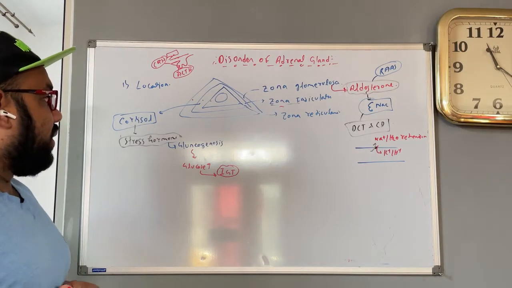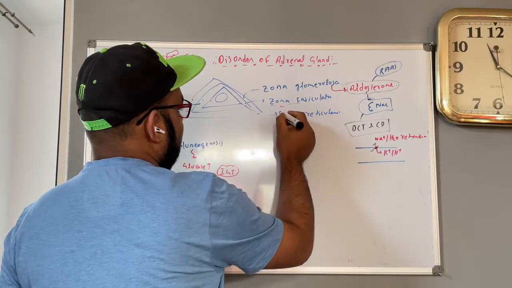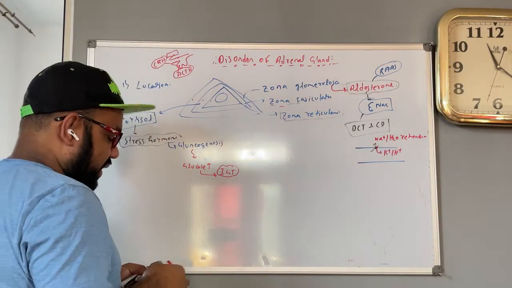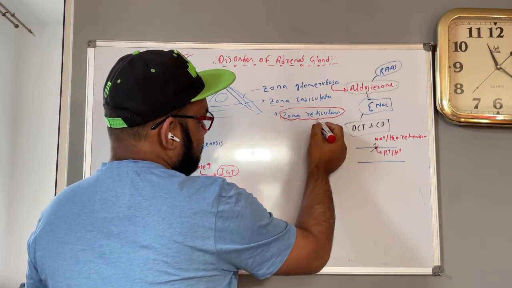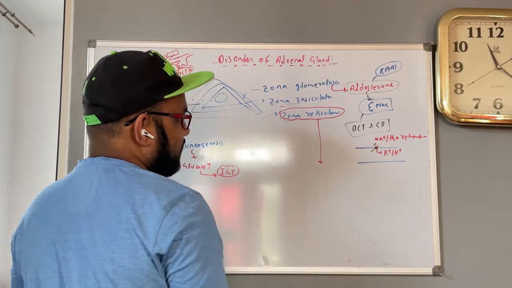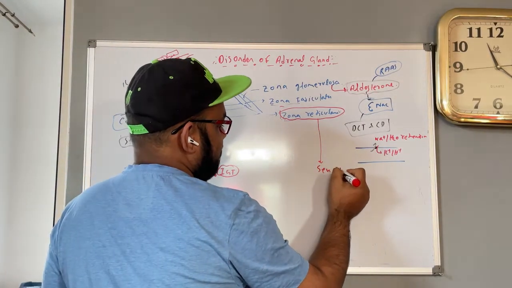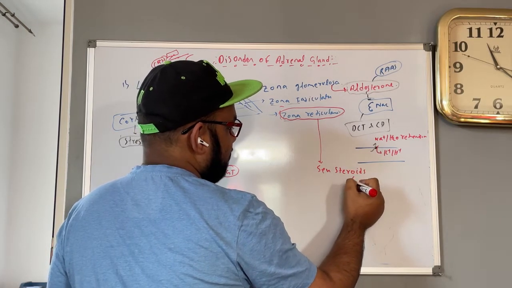Okay. Now we'll talk about the zona reticularis, the innermost layer of the adrenal cortex. This zona reticularis is responsible for the secretion of sex steroids, right? Sex steroids, as you know, the testosterone, or rather you can say the androgen.